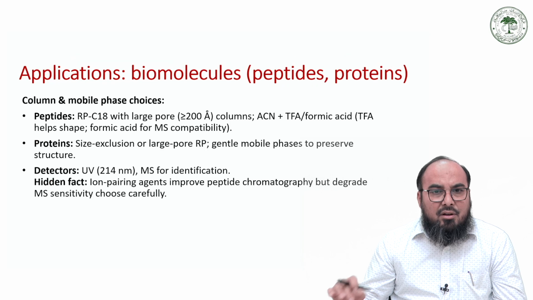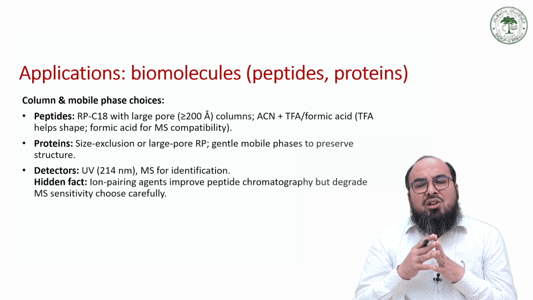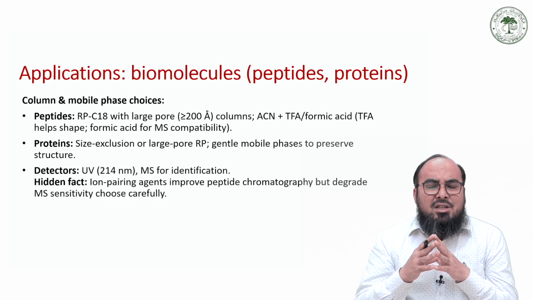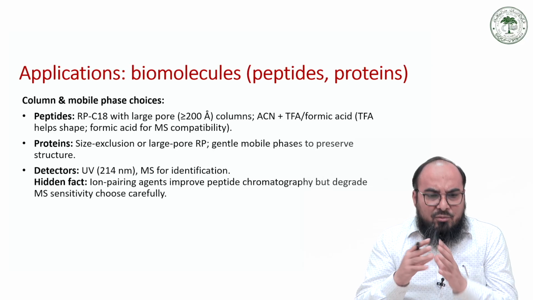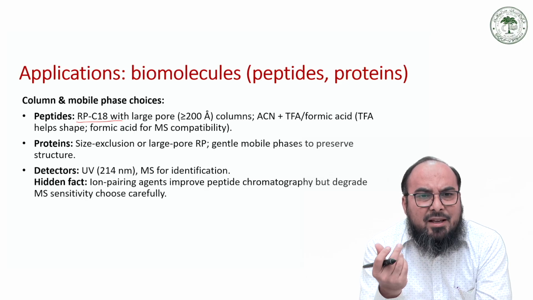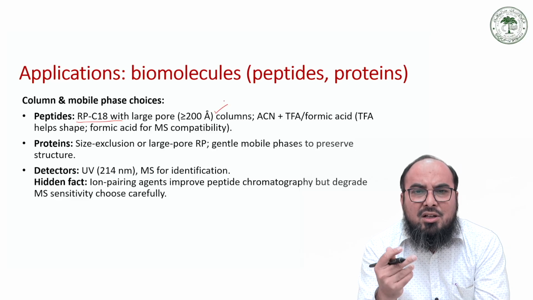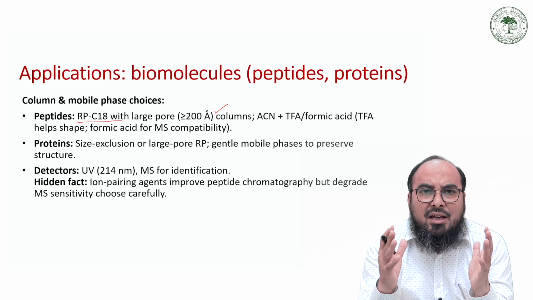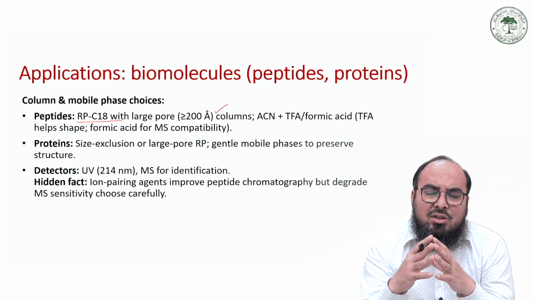Now, applications with regard to biomolecules: how are you going to separate biomolecules, generally peptides and proteins, using HPLC? For peptides, you can do reverse phase HPLC, and here again you need a non-polar stationary phase with a large pore size, because these peptides and proteins have very high molecular weight, more than 1000 Da.